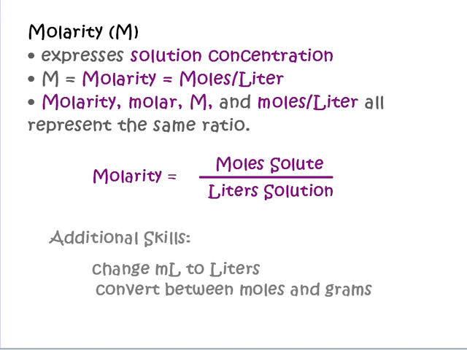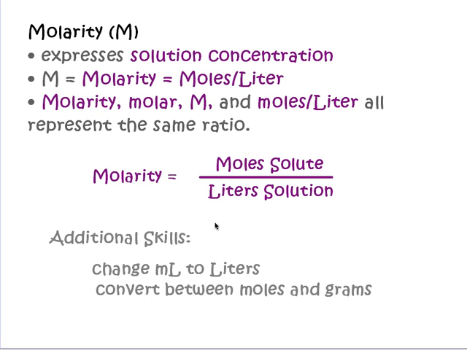That is the definition of it. So all of these are the same thing: molarity, molar, big capital M, and moles per liter. Here you can see our formula that we have for it. Molarity is equal to moles over liters. You're going to see me use that in a couple of examples for you.